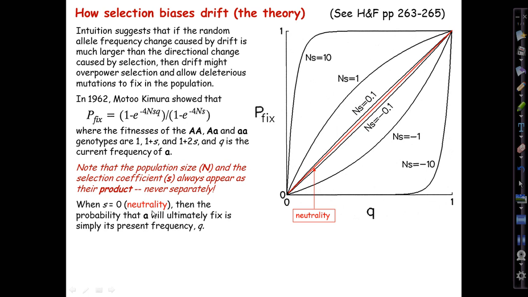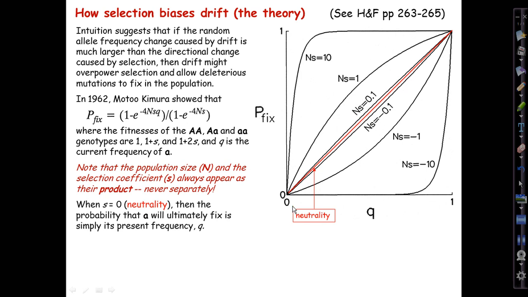So let's start with the neutral case, when S is 0. The equation in its limit implies that the probability of ultimately fixing for any allele is simply its present frequency q, which makes obvious sense, and I've drawn that in as this red straight line.